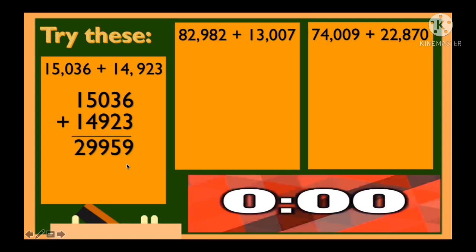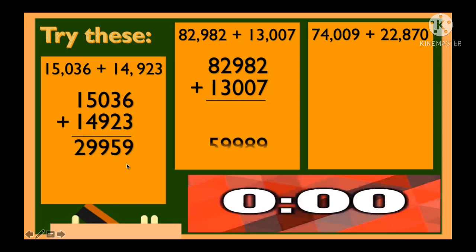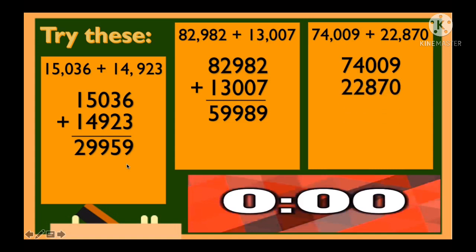Next one. 82,982 plus 13,007. What is the answer? Very good. 95,989. Okay, next. 74,009 plus 22,870.